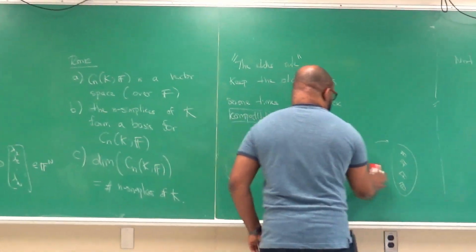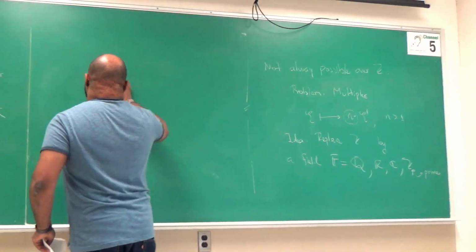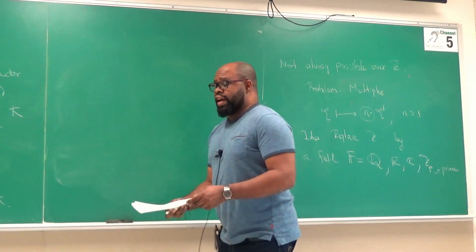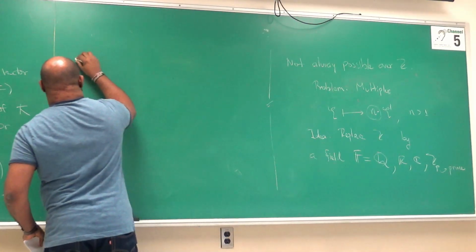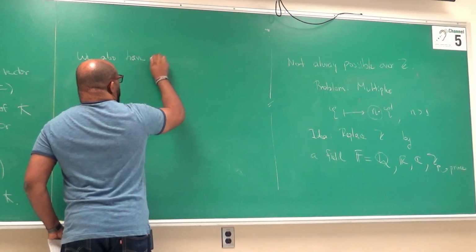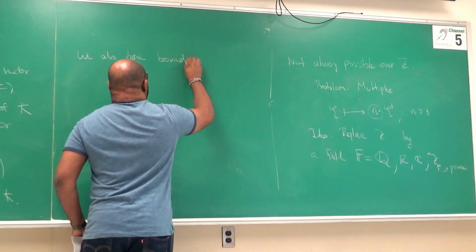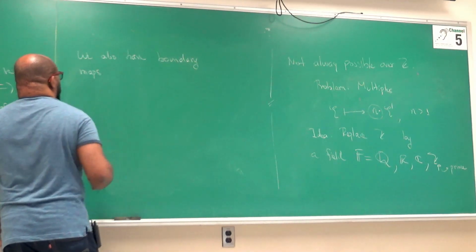So if we have chains, then hopefully it is not that difficult to see that we also have boundaries. So we also have boundary maps. Right?